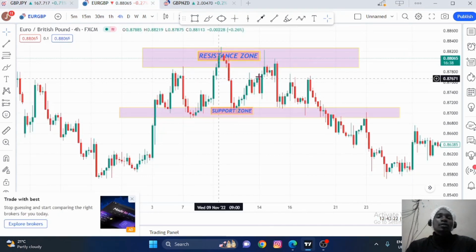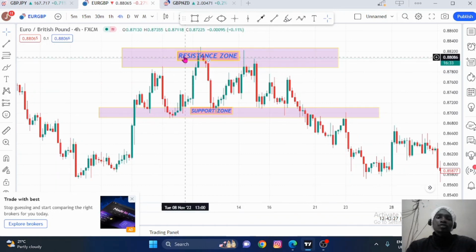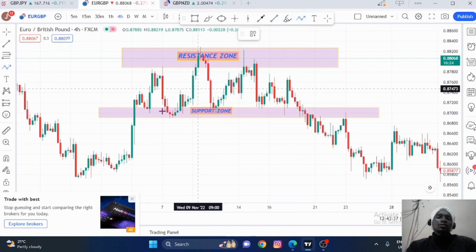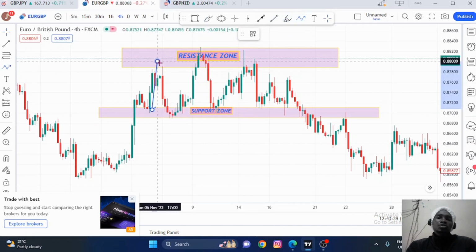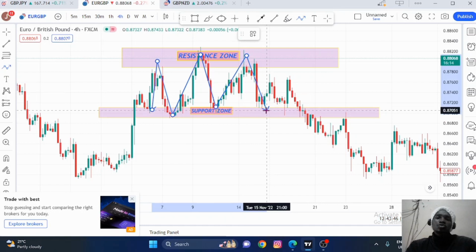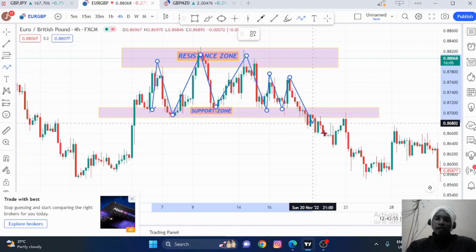Here, on this chart, I have marked a very good area of resistance and another very good support zone. The market is currently in a short-term mini consolidation stage, making almost equal highs and equal lows, as you can see. This is where we call it a break when the support level or support zone is broken.